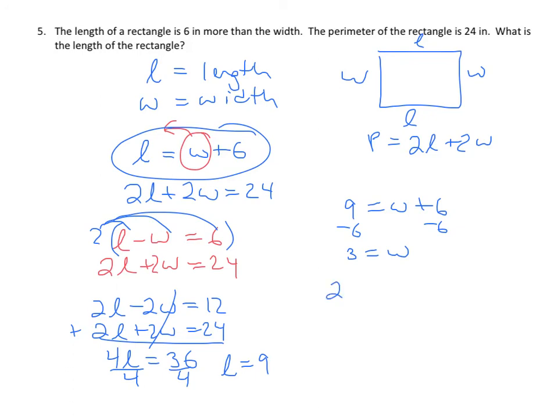So 2 times plug in 9 for L plus 2 times plug in 3 for W. That's 18 plus 6, which does equal 24, so it worked. So my final answer is the length is 9 inches.